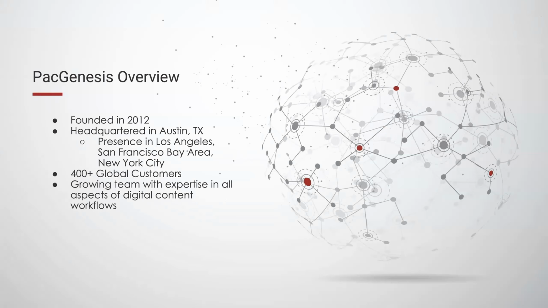Just as a quick intro about PacGenesis, if you're not familiar with us, we were founded back in 2012 here in Texas. We work with a good set of global customers, and we specifically focus on digital content workflows. A lot of us came from IBM or are former IBM and Aspera employees, and of course we are a premier IBM Aspera business partner. We do a lot of work with our customers around Aspera, but we also touch on other parts of content workflows.